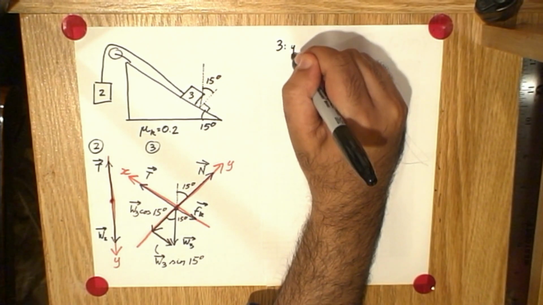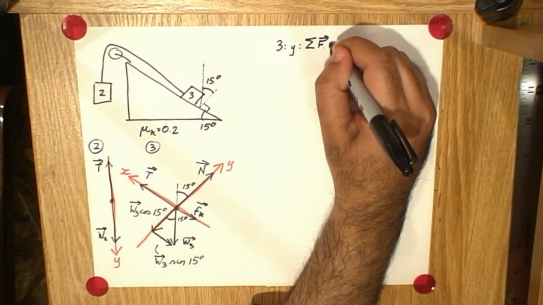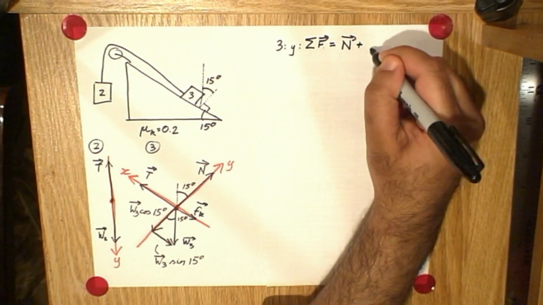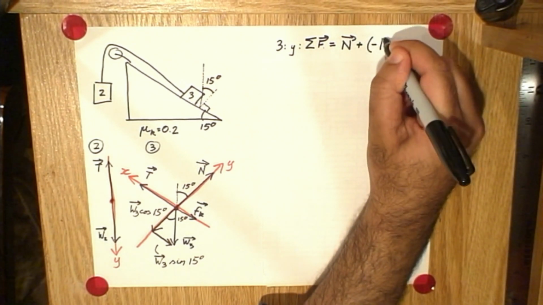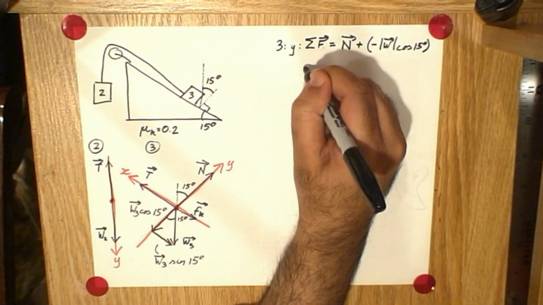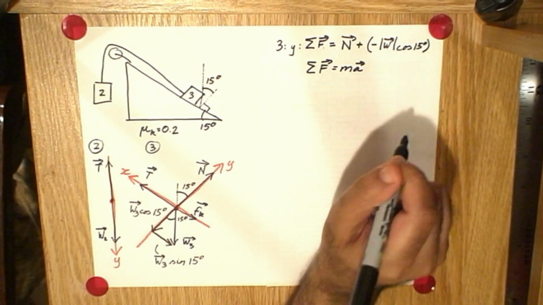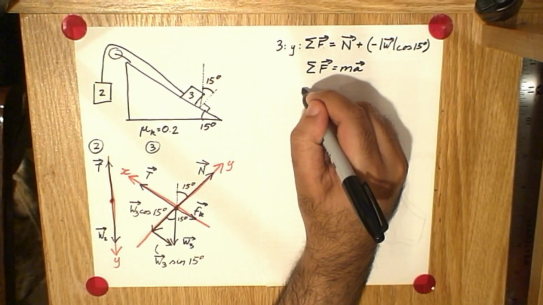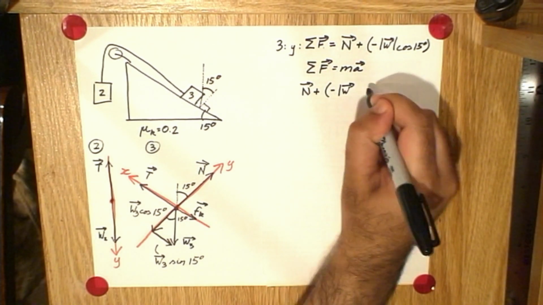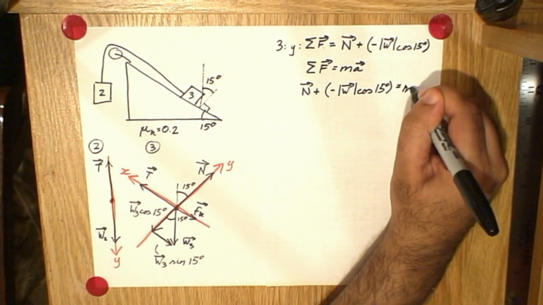So for the 3 kilogram object in the y direction, we have total force is equal to the normal force plus negative weight times the cos of 15 degrees. But total force is equal to mass times acceleration. So combining these two, we get normal force plus negative weight cos 15 degrees is equal to mass times acceleration.